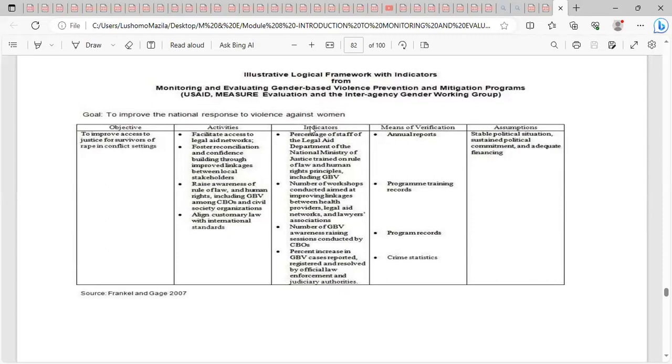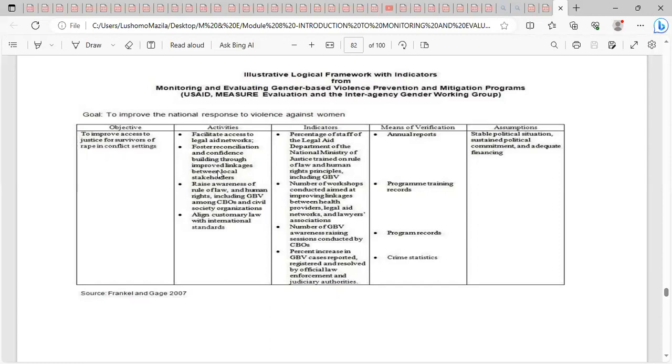So the activity here is to facilitate access to legal aid networks. The indicator for it will be the percentage of staff of legal aid. Are we getting this one?